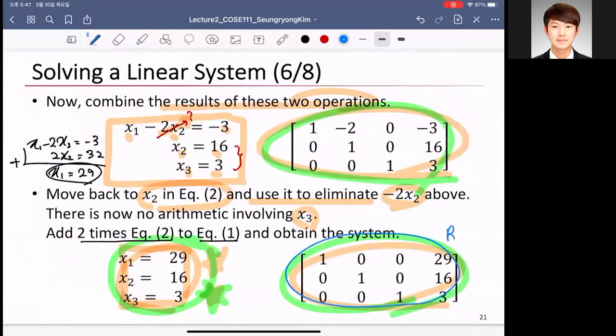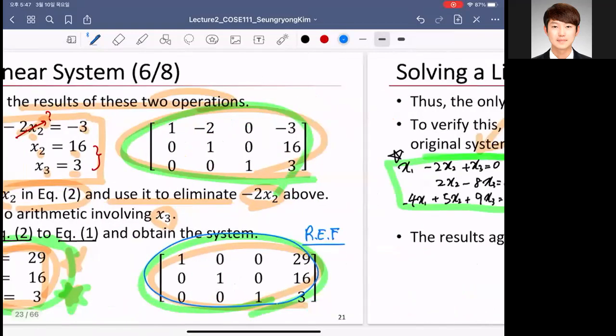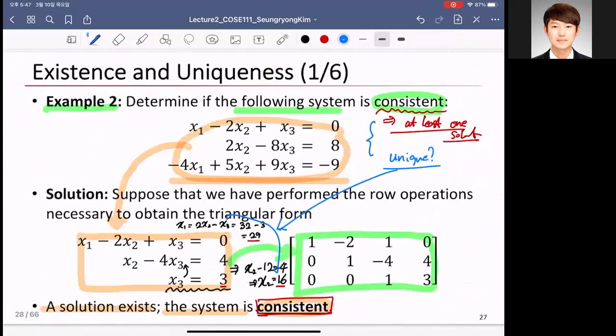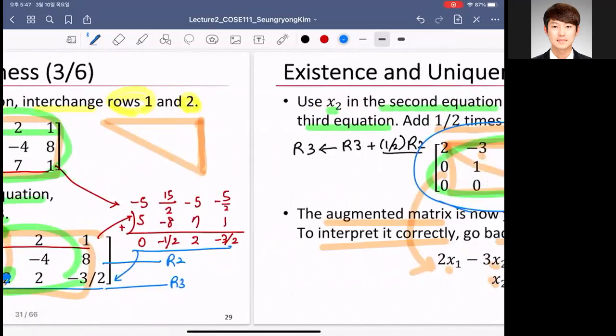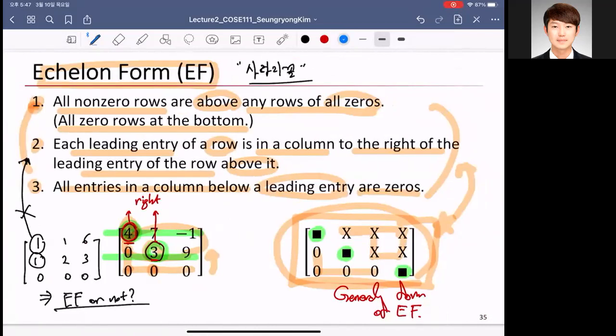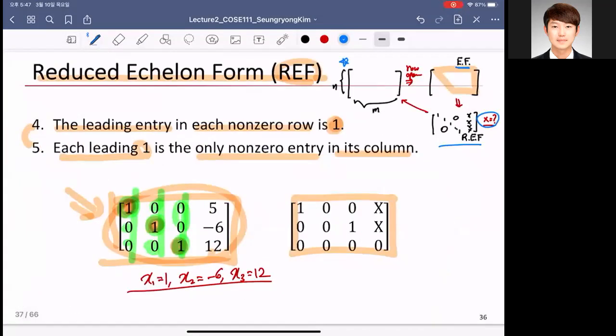In fact, it was REF form. Right? So the way we solved this was ultimately the process of obtaining the EF form and REF form, the echelon form and reduced echelon form. Okay? So that's the definition of the echelon form and reduced echelon form.